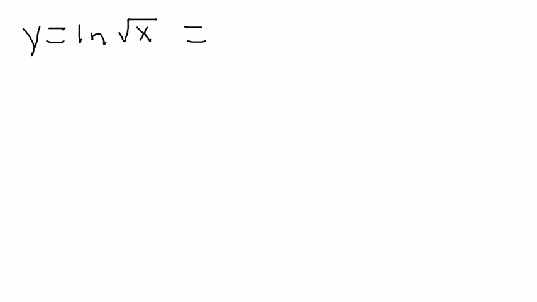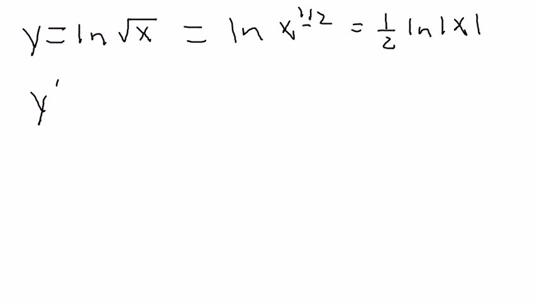And then based on the properties I just did, I can pull this 1/2 right here out front. So I can rewrite it as 1/2 times the ln of x. And now you're just taking the derivative of ln of x, which you know. It's very easy. So y prime is 1 over 2x.